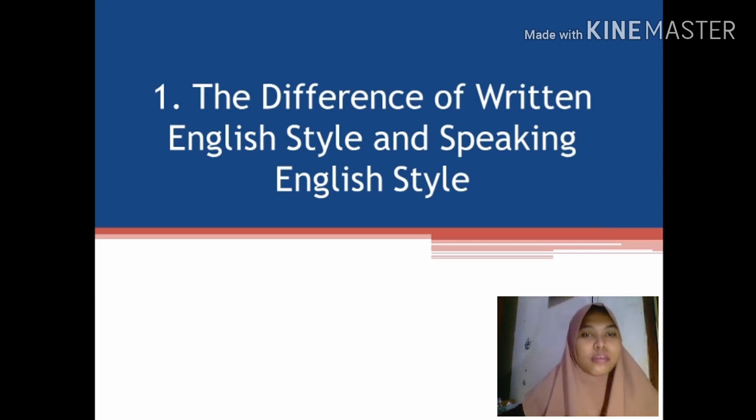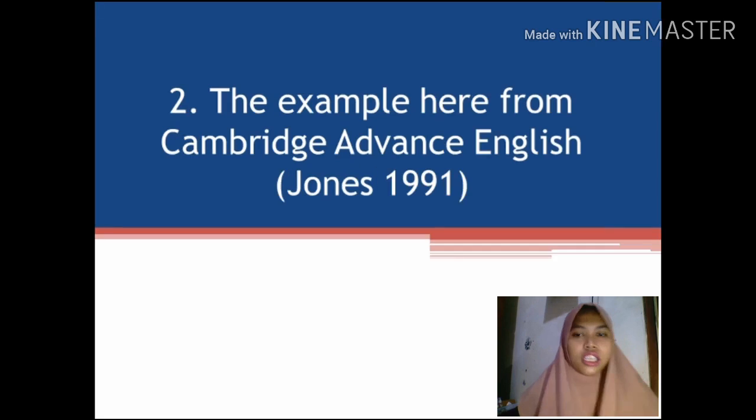And the second point is the example that Jones, 1991, wrote in his book Cambridge Advanced English. It showed how one writer uses short extracts from texts with contrasting styles.